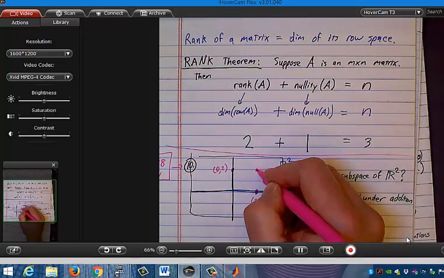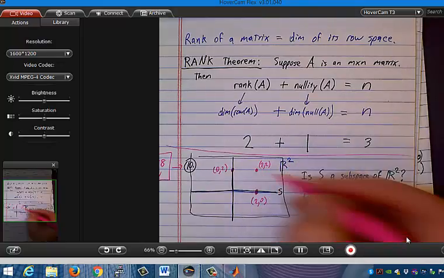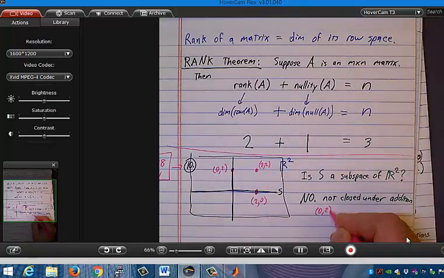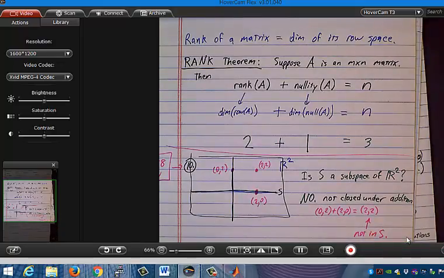I get 2, 2, right? 0, 2 plus 2, 0 equals 2, 2, but the problem is that this is not in S. Does that make sense? So there's an example of a set that is not a subspace.